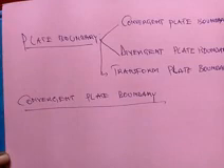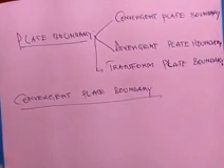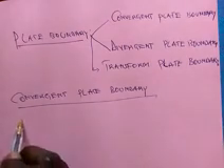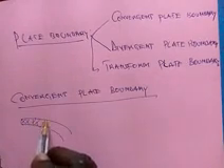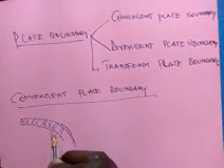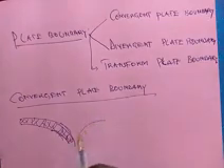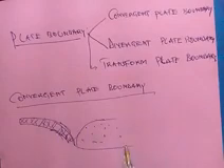Convergent plate boundary is a boundary formed due to oceanic plates and continental plates joining together. Here we have an oceanic plate joining with a continental plate.